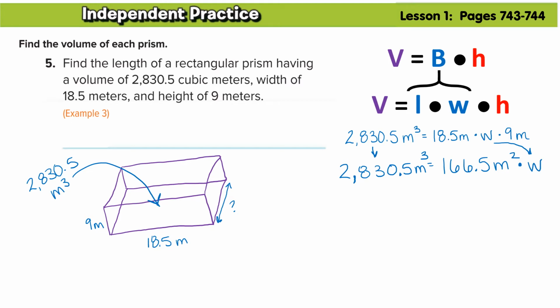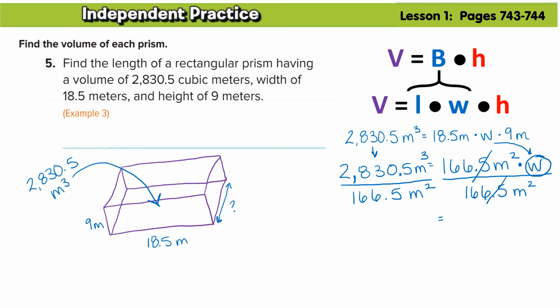Okay, now I'm going to divide by 166.5 meters squared. All right, so on the right, that cancels each other out, and I just have W left.